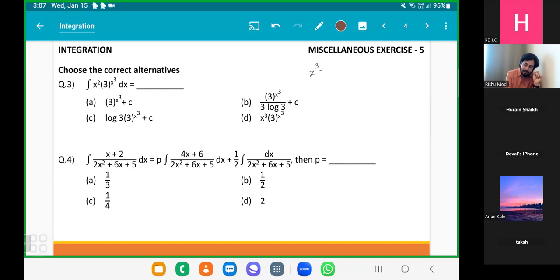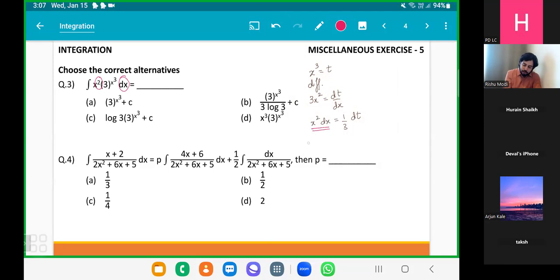So here I can take x cube as t. So the derivative of that will become 3x square dx is equal to dt. If we don't write directly, we write this as dt by dx. Out of that, I have x square and dx in my question. So x square and dx will become dt with 1 by 3.